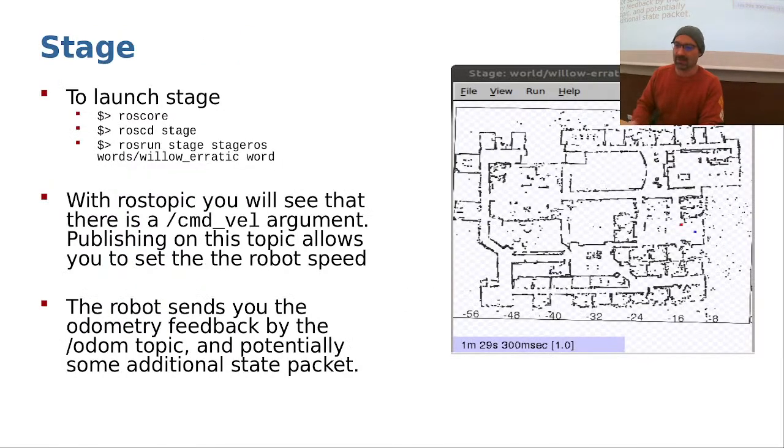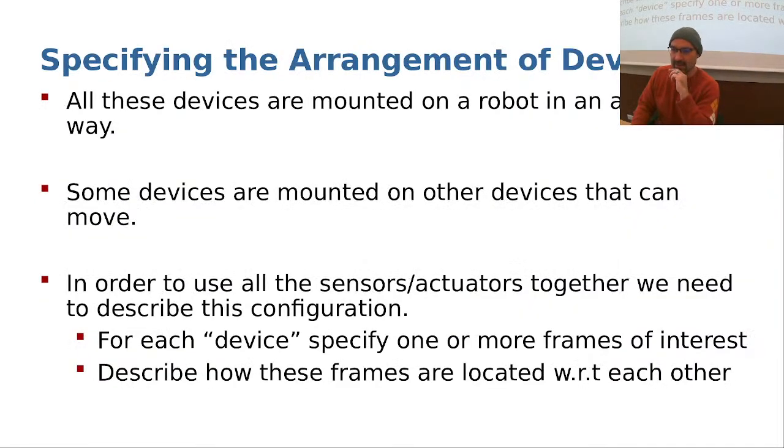Stage, we have seen it already, and I have given you plenty of demonstrations on how to use it, and this slide contains a list. But what is interesting now is that in the real robot, not in the simulator, once you construct a robot, there are 3 things that you have to do. First, you have to assemble it. Second, you have to be sure that you assembled it correctly. Third, you check the power supply.